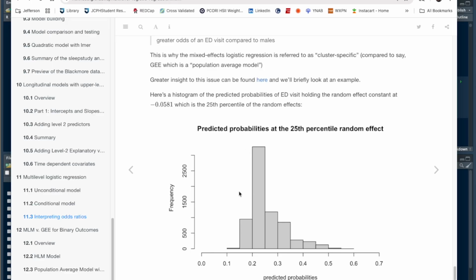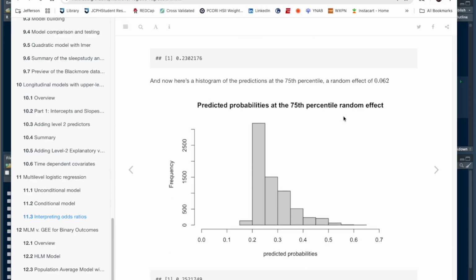One thing you can do to see if your cluster specific effects really are cluster specific, or whether the model does kind of work all the way up the risk scale, is to look at different parts of the random effect distribution. So again, this is us predicting probability of hospitalization or ED visit for everyone in our data set, pretending that they all came from a cluster with this random effect, which would be on the low side.